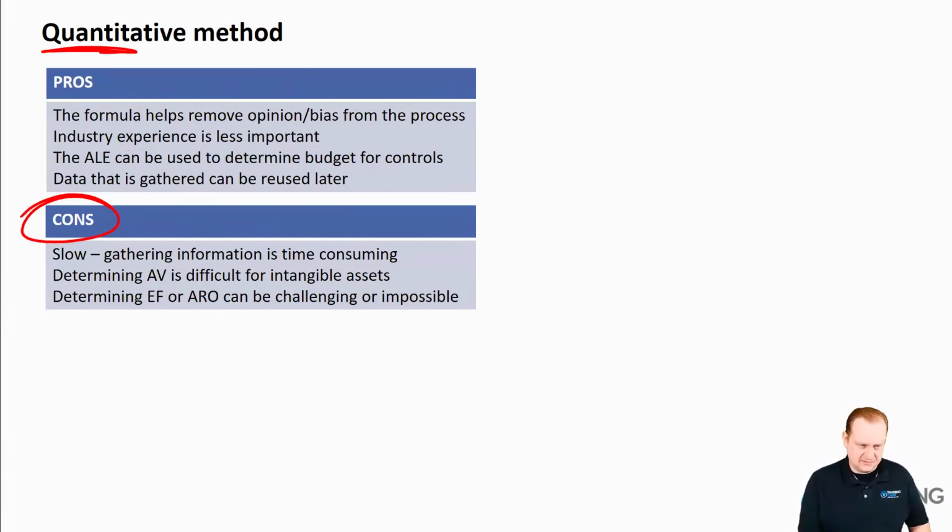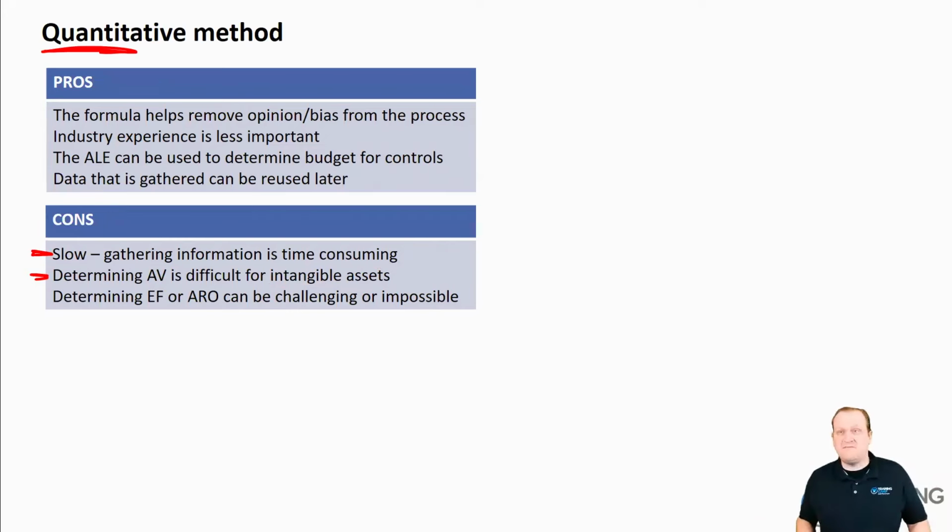The cons. Well, it's going to be fairly slow. Gathering information and fact-checking things tends to be pretty time-consuming, all things considered. And determining what is called an asset value is difficult, if not impossible, for intangible assets, like trade secrets. How do I put a value to that? I don't know. What is the value of Coca-Cola's secret recipe? I'm honestly not sure.